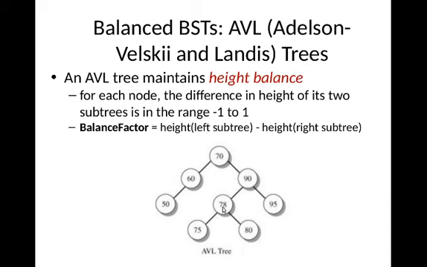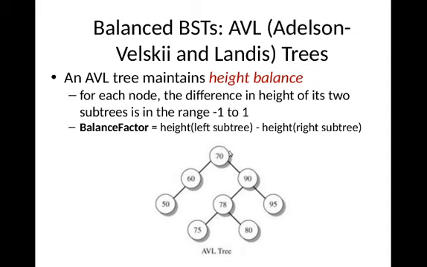Similarly, height of 78 is 1 plus maximum of 0 and 0, that is 1. Height of 90 is 1 plus maximum of the height of 78 and the height of 95, that is 1 plus maximum of 1 and 0. That means height of 90 is 2.